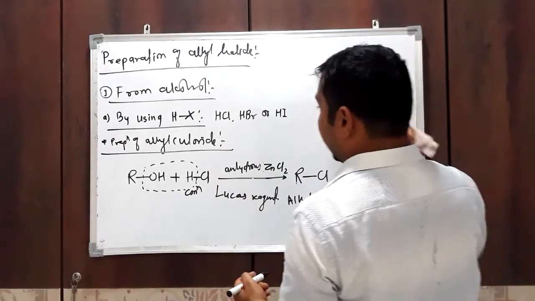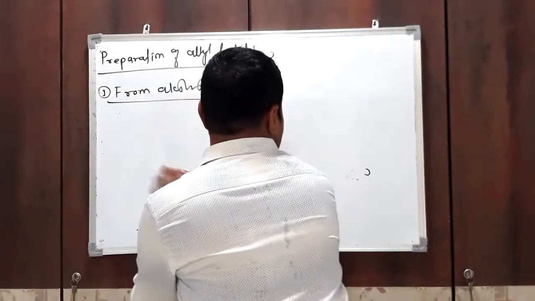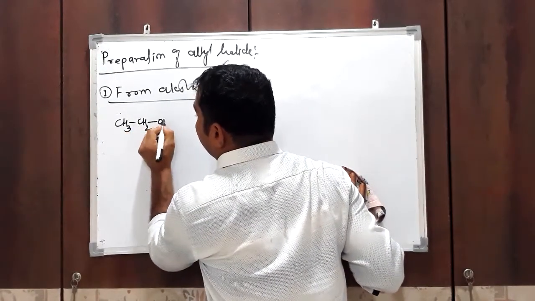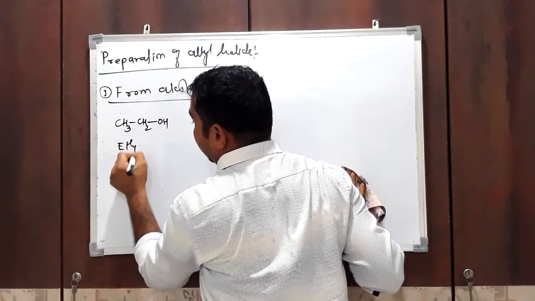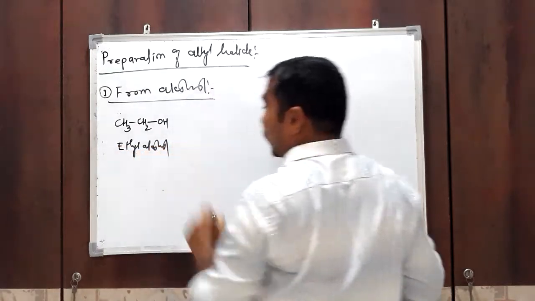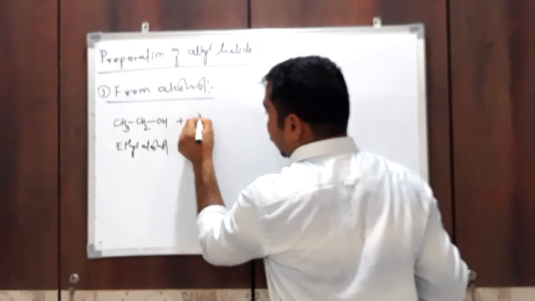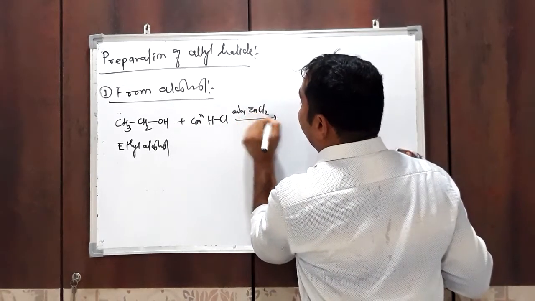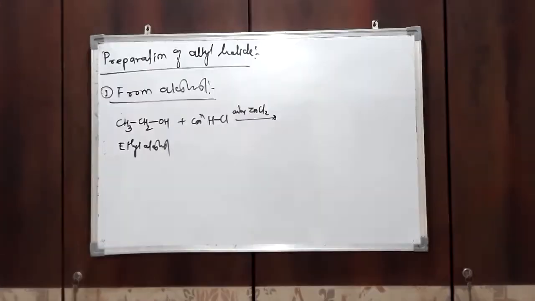Now just take a very simple example, ethyl alcohol. This ethanol is treated with concentrated hydrochloric acid in presence of anhydrous zinc chloride.